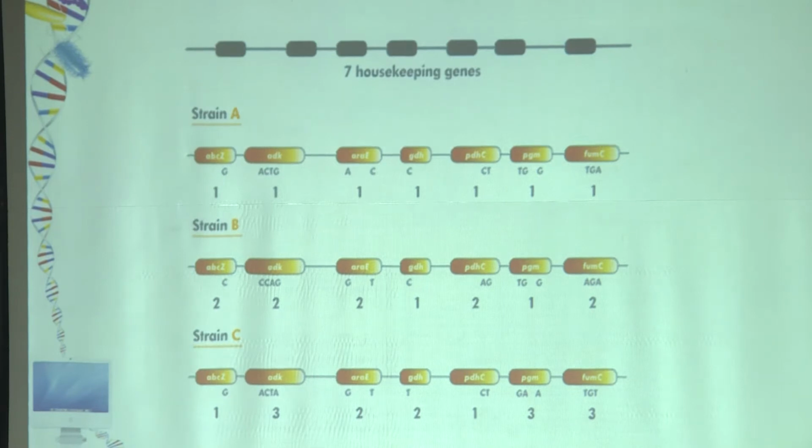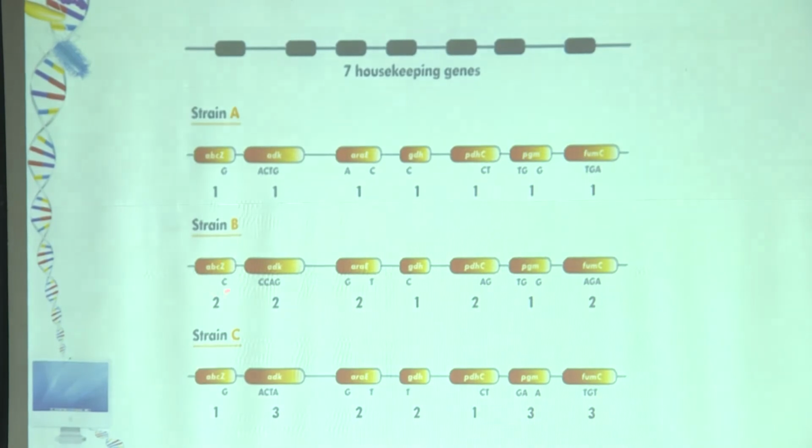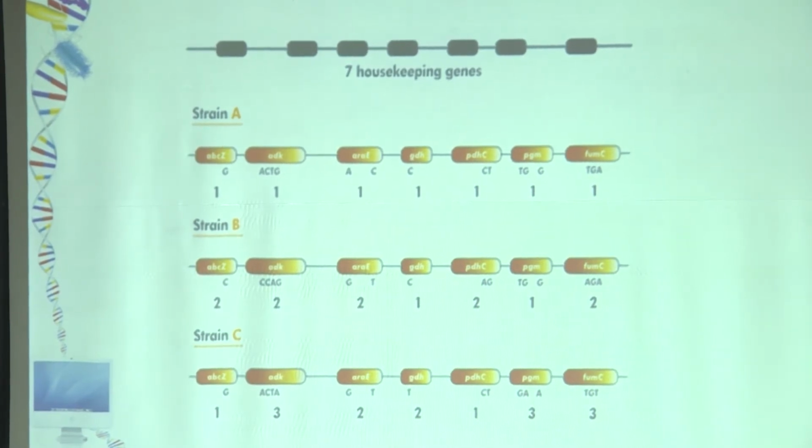And I'll draw your attention to strain B, for the same locus. They have assigned the number 2. What prompted the investigator to assign the number 2 here? The difference of a single nucleotide variation. In a stretch of around 600 base pair sequence, they found somewhere in the middle or at the edge a single base pair variation.